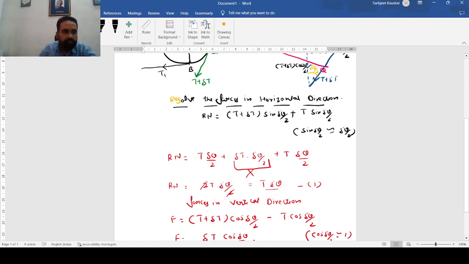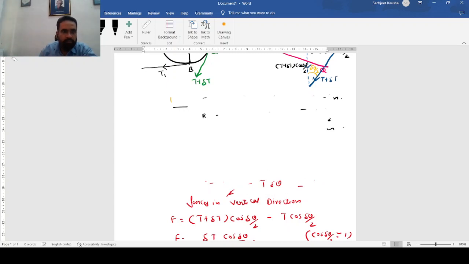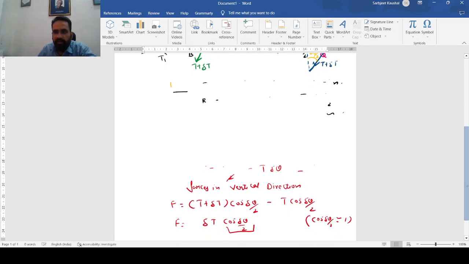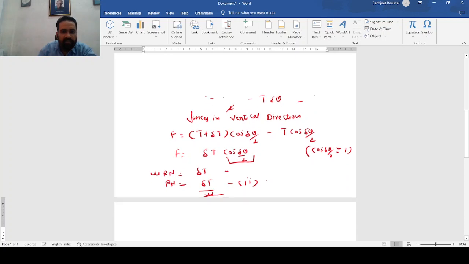So, again, I'm just erasing the portion for making the space, or otherwise I can insert a blank page.